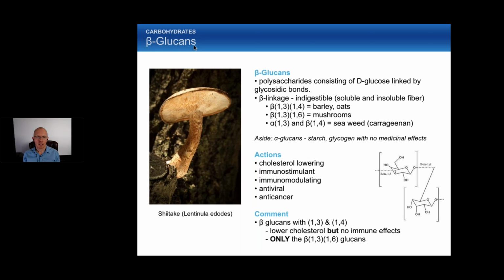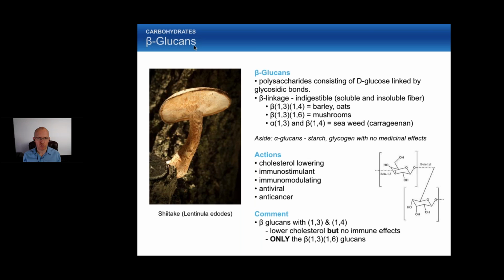And as an aside, alpha-glucans, which are not fibers, are your starch. Cornstarch is an alpha-glucan, and it doesn't have any of the effects we're describing. Obviously, starch can act as a thickening agent, but because we can digest it, it gets broken down and loses its effect in the lumen of the bowel.